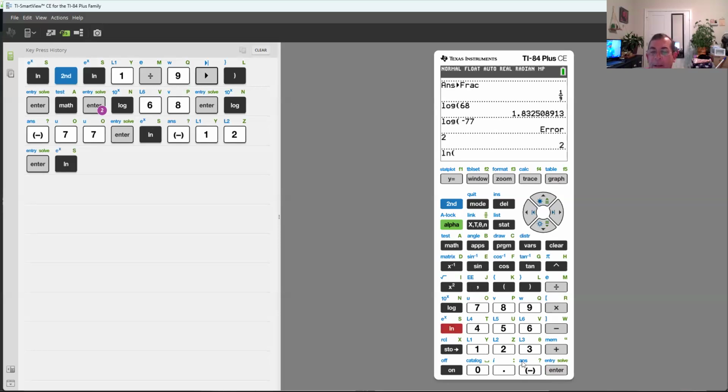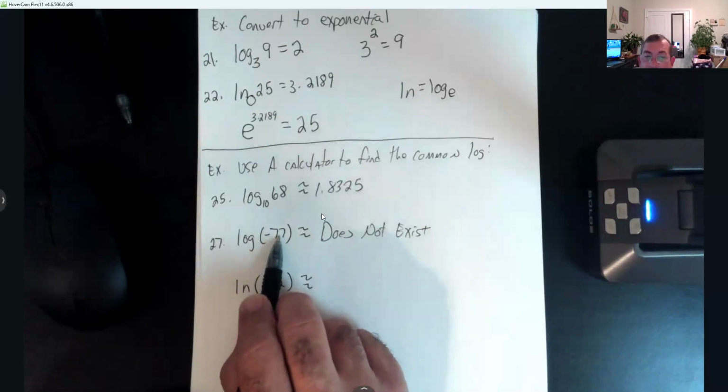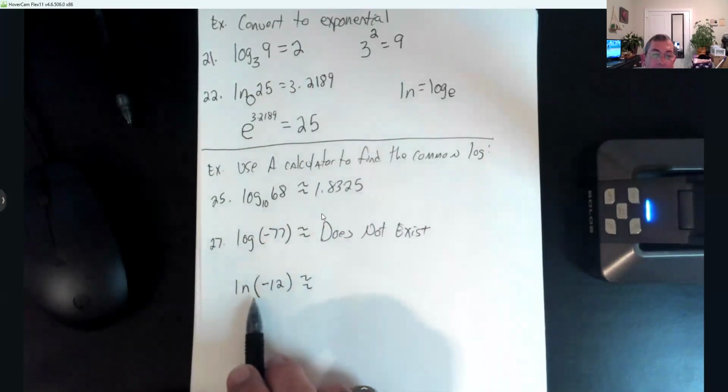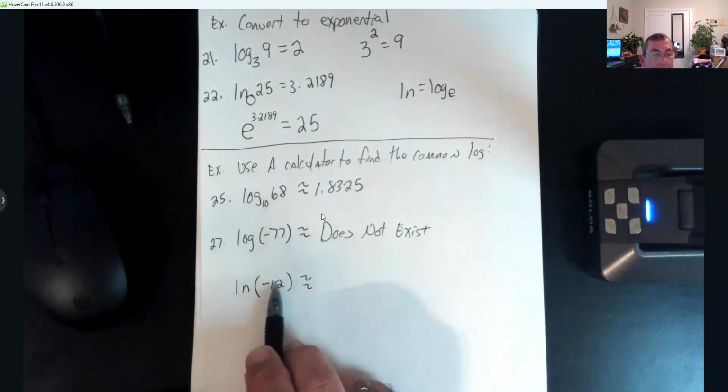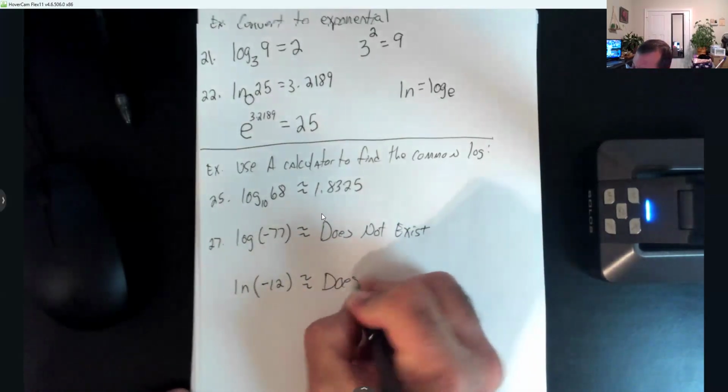Okay, LN negative 12. All right, there I go. Same thing. Okay, that means you cannot turn a 10 into a negative number by using an exponent. You cannot turn an E into a negative number using an exponent. Those do not exist.